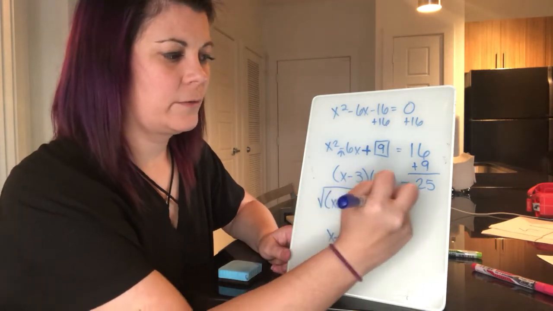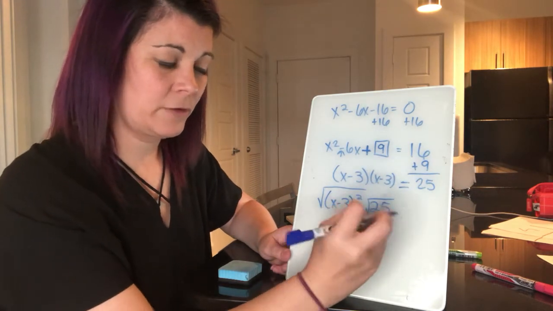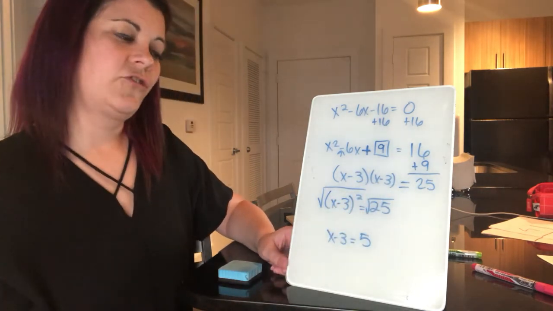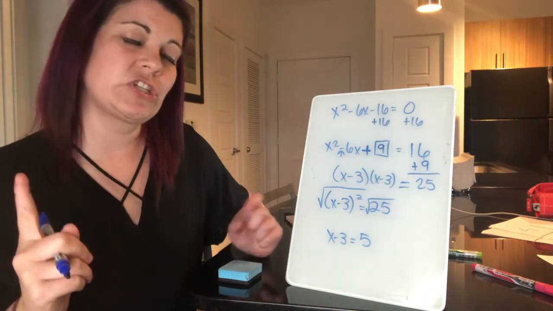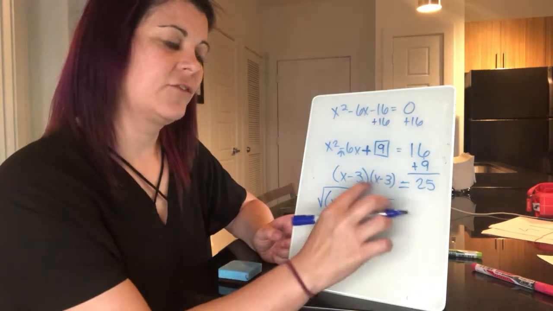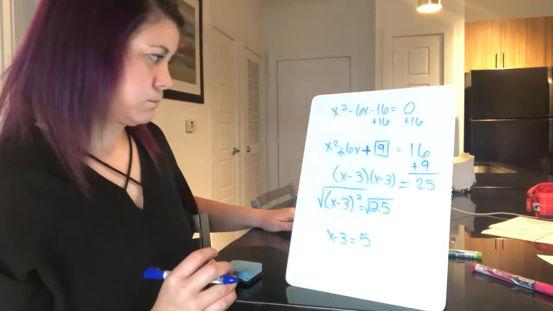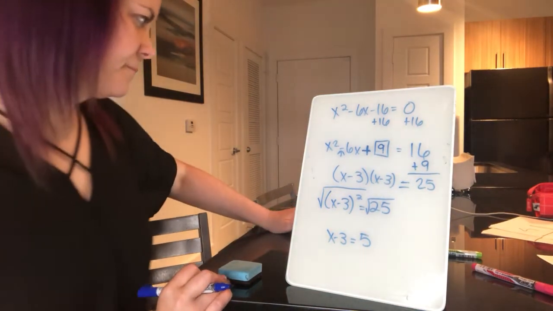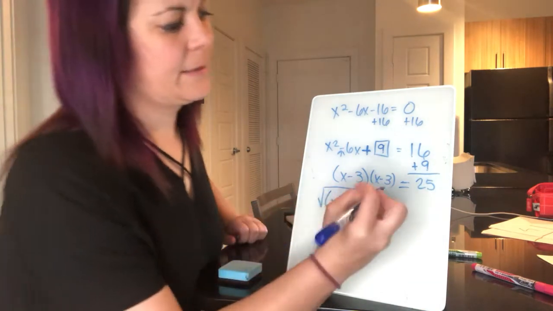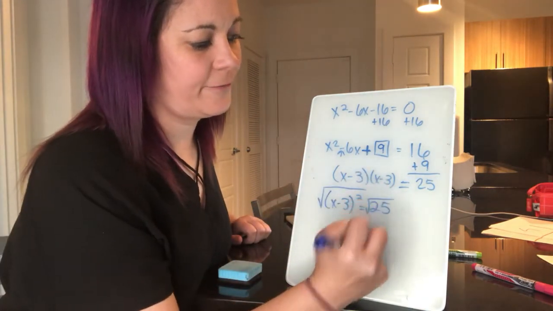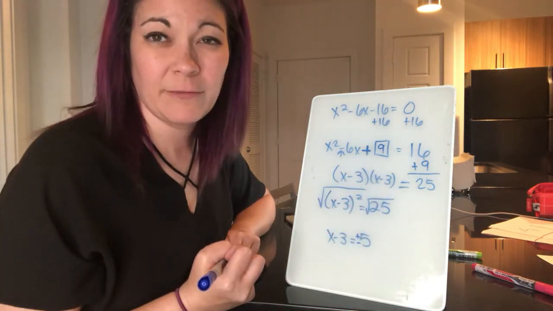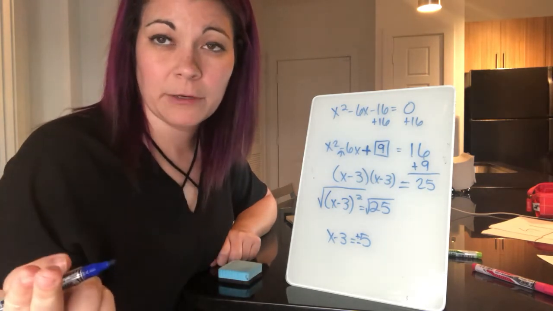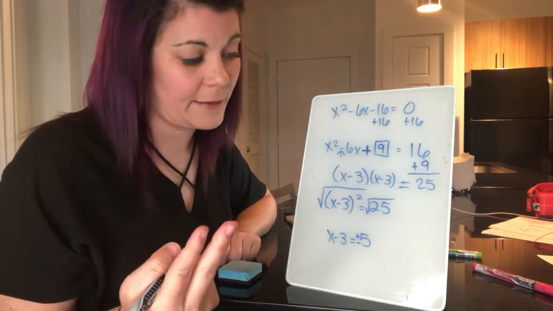And then what we do to one side, we have to do to the other. The square root of 25 is 5. So here's the tricky thing. Since we're taking the square root of 25, it can equal plus or minus 5, because negative 5 to the second power is 25, and so is positive 5 to the second power.